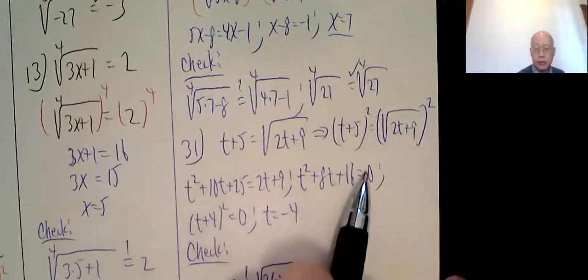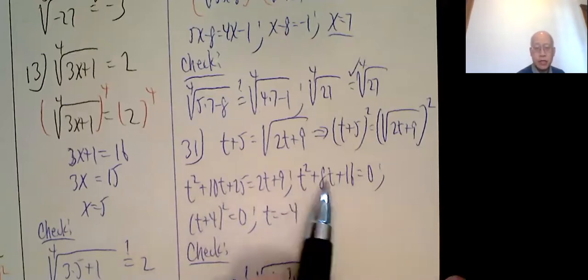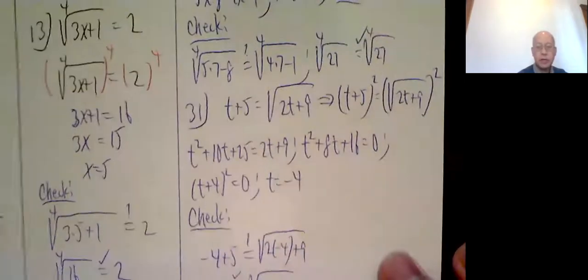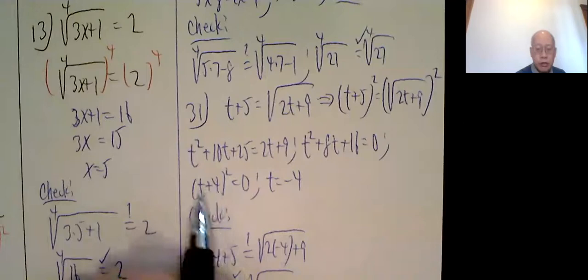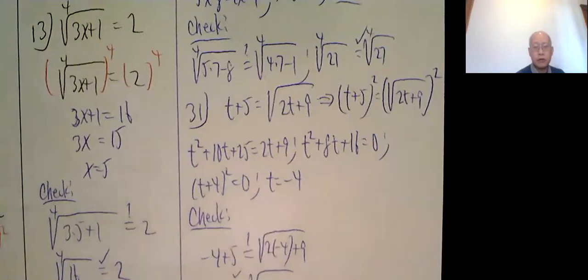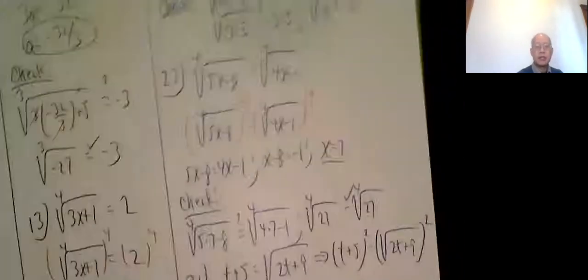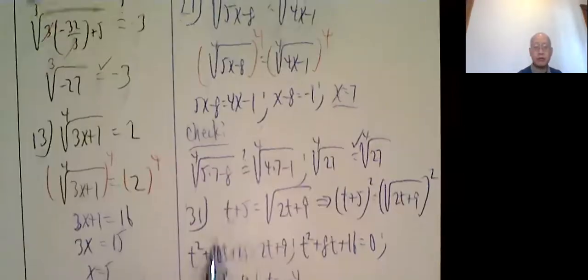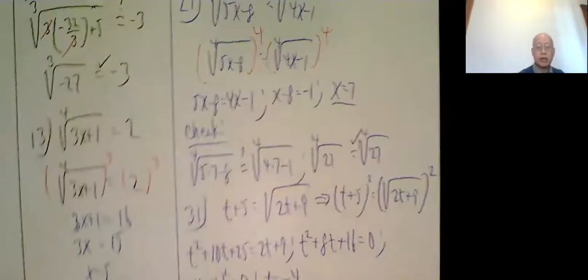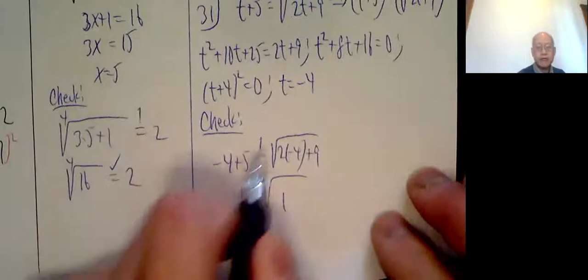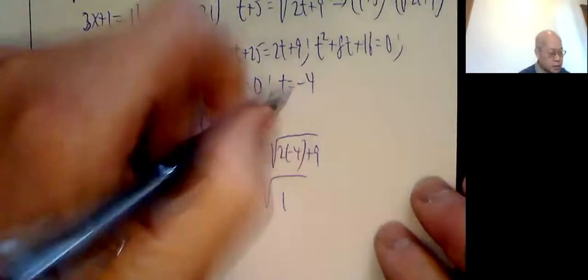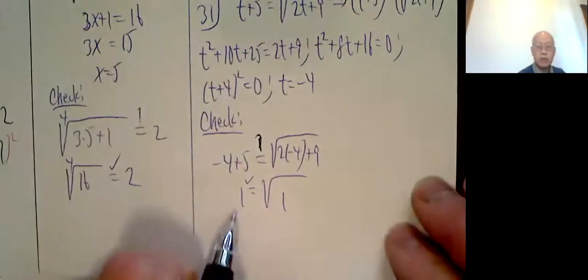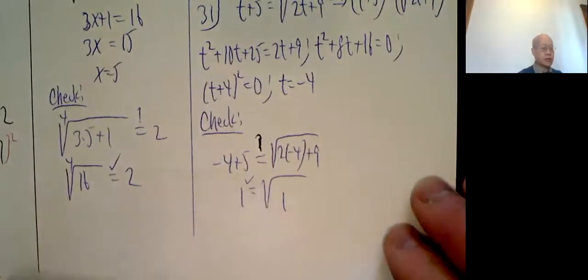Subtract 9 on both sides, so that way you get a 0. t squared plus 8t plus 16 equals 0. This factors into (t plus 4) quantity squared equals 0. So what number makes this 0? Negative 4. But check it. Check by plugging in negative 4 back into the original, right here and right here. Negative 4 plus 5, is that equal to the square root of 2 times negative 4 plus 9? 1 is equal to the square root of 1, so that checks.